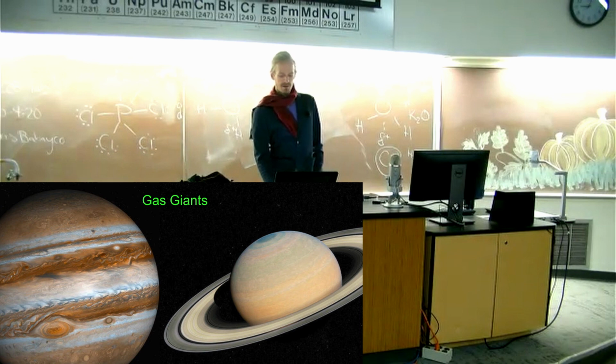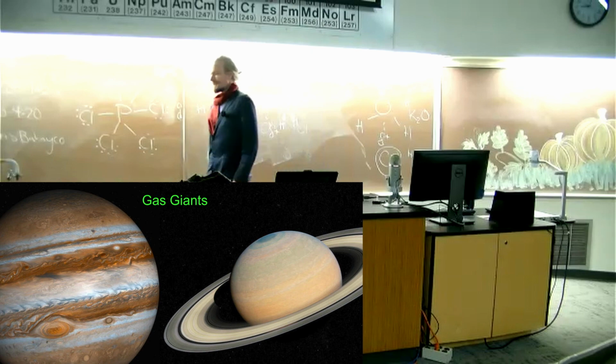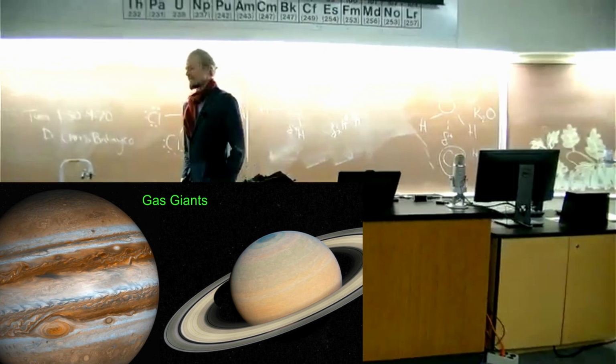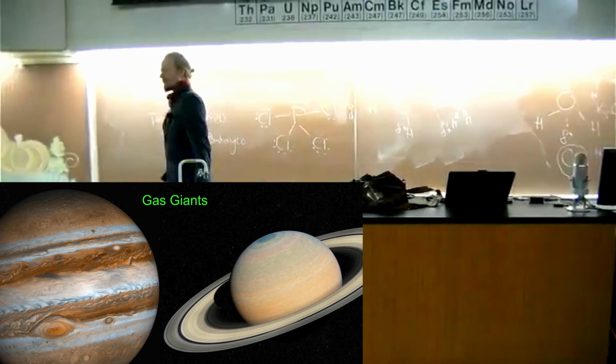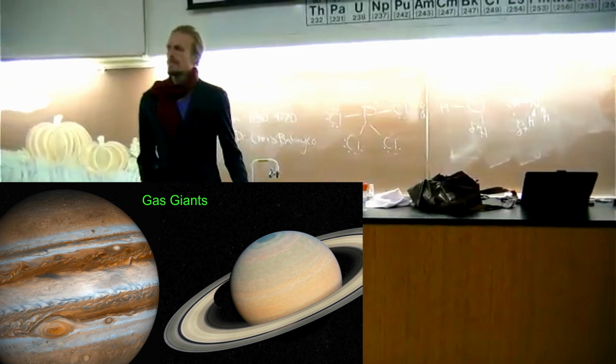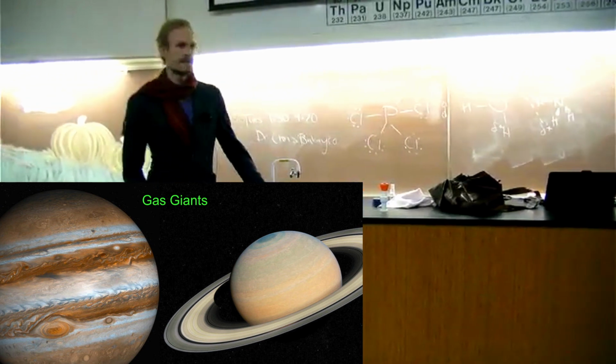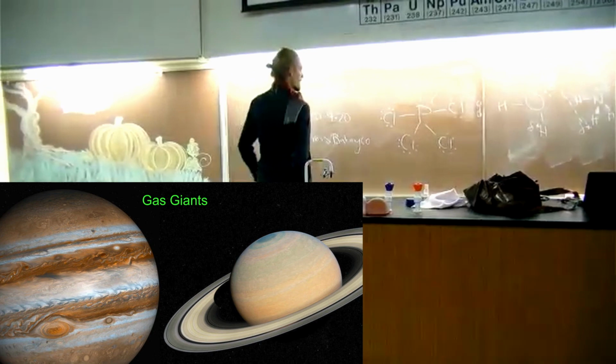But we do think that the cores are very hot and that there's the potential for rocky cores as well, which is fascinating. Especially when you talk about the processes that could lead to the densities of a planet like we have today. I mean, Earth is extremely dense compared to one of these gas giants, and compared to the sun even.